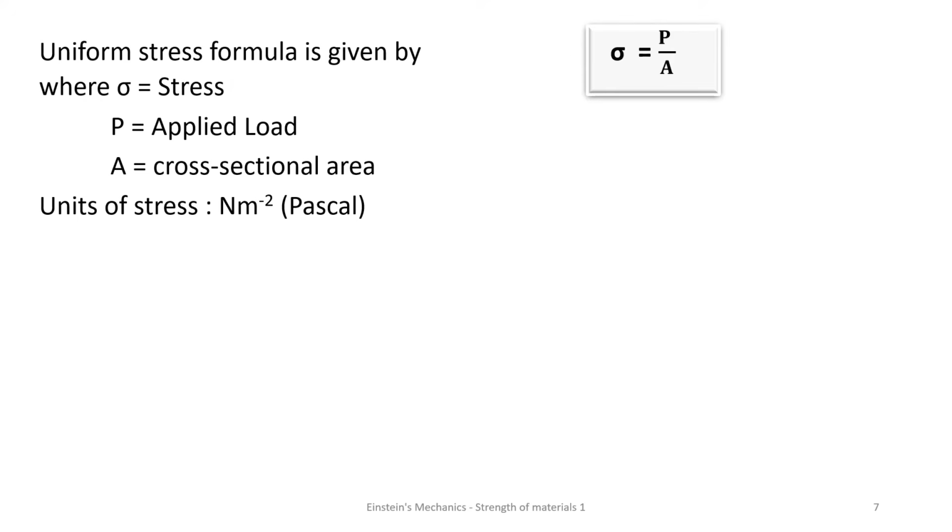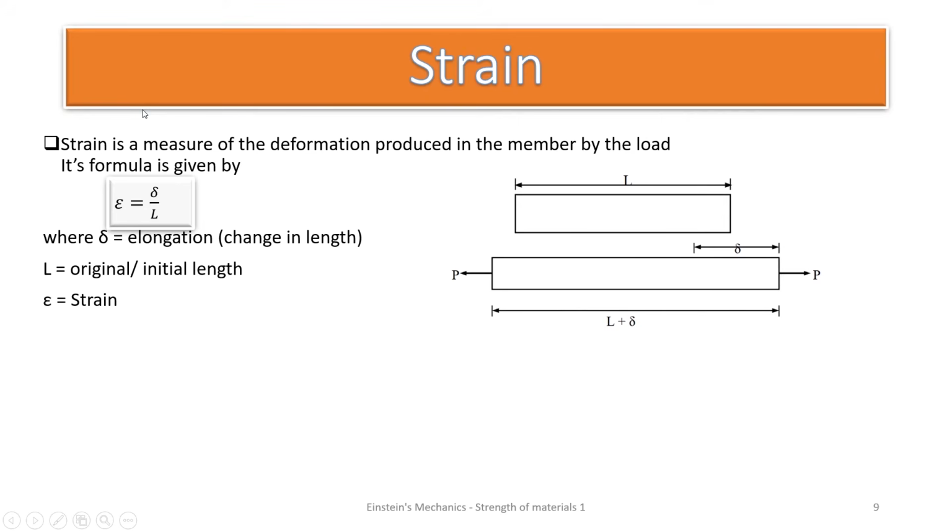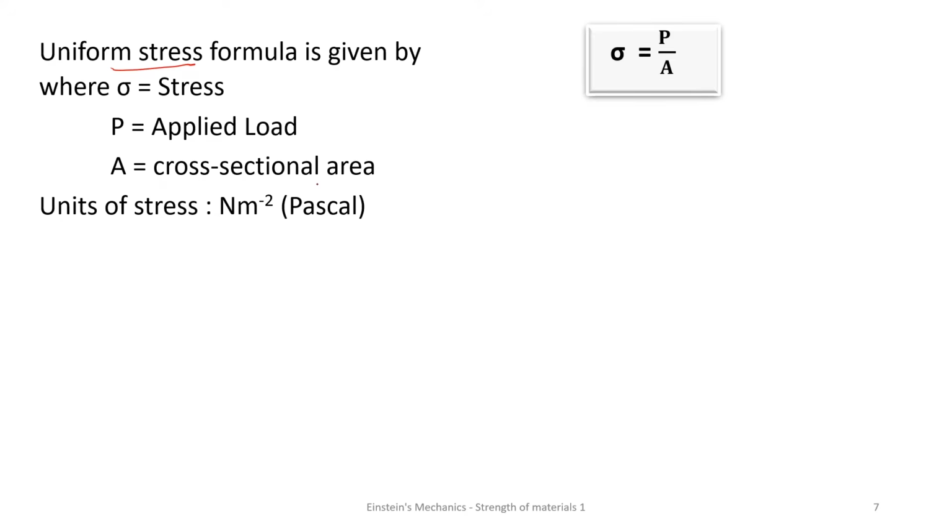As we can see, this is uniform stress, and the symbol shows us what stress actually is. So stress, P is the applied force and A the cross-sectional area, as we can see in the formula here.